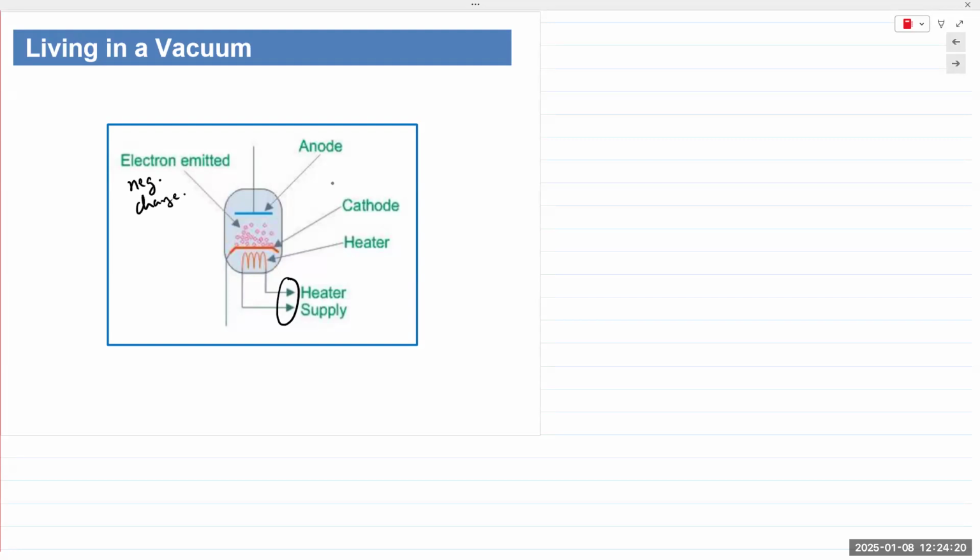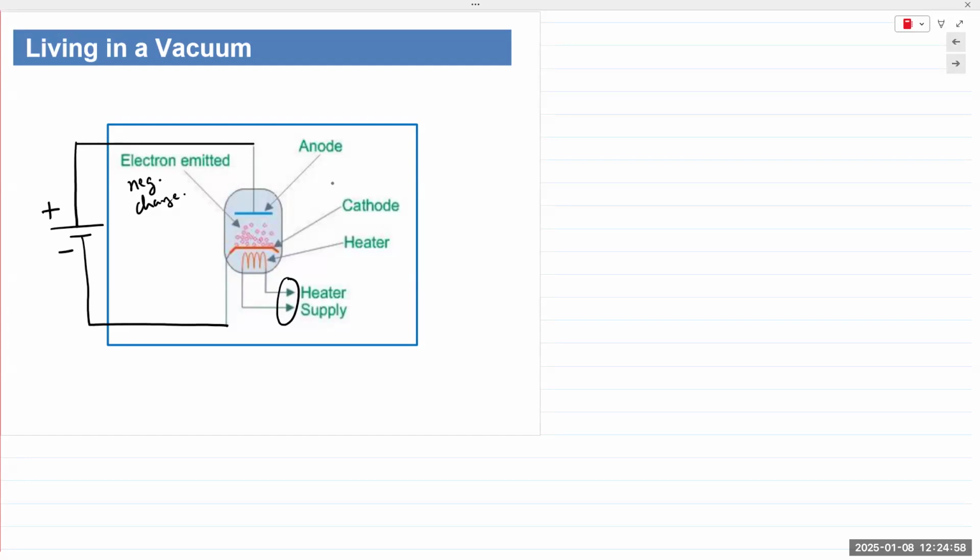So if you have charged particles floating above the surface of an element, you can place another element far away, and if you apply a positive charge to that element, what do you think is going to happen? Electrons with negative charge, and positive charge on that plate far away, what happens?